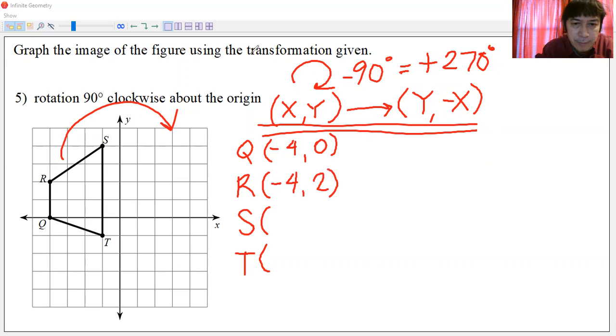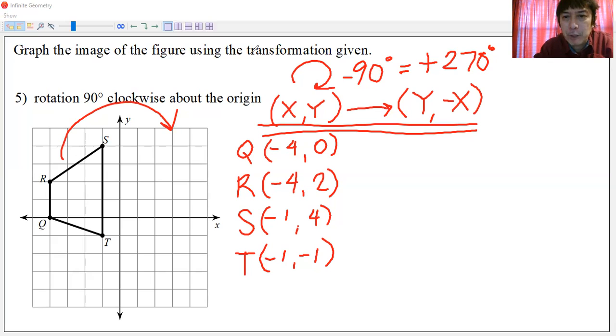Our S is at negative 1, 4. Our T is negative 1, negative 1. Let's review the points. Point Q is negative 4, 0. Point R is negative 4, positive 2. Point S is negative 1, positive 4. Point T at the third quadrant, negative 1, negative 1.